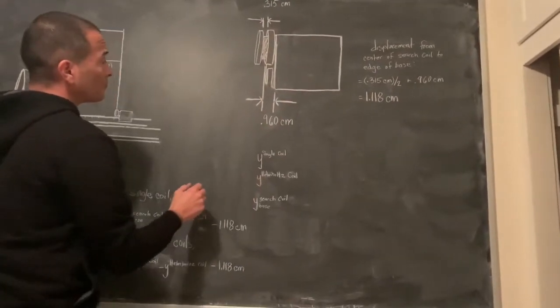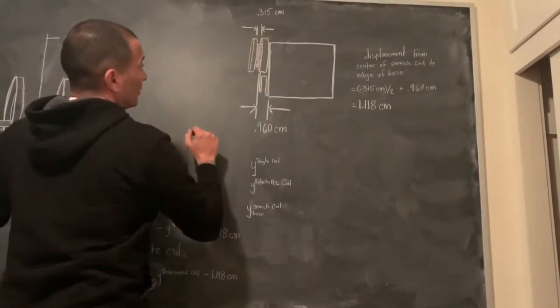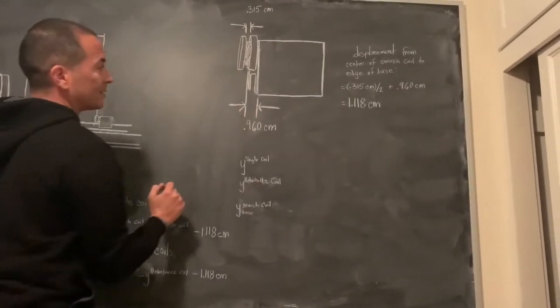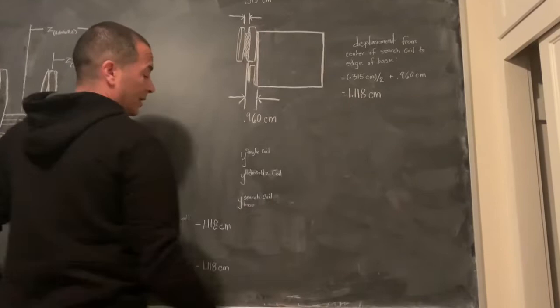So half of 0.315 plus this here, which is 0.96, equals 1.118 centimeters.